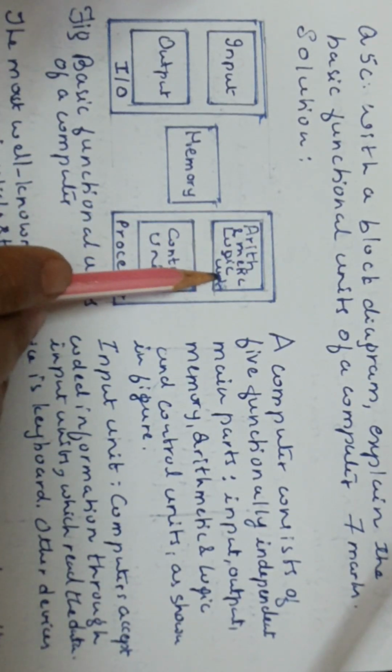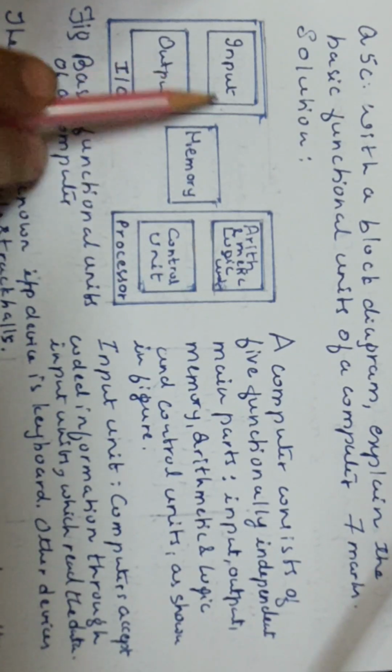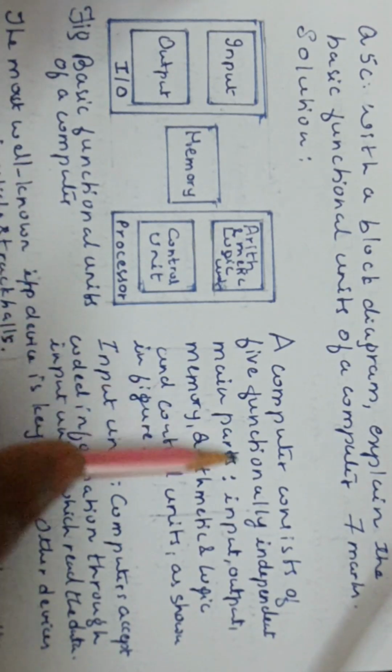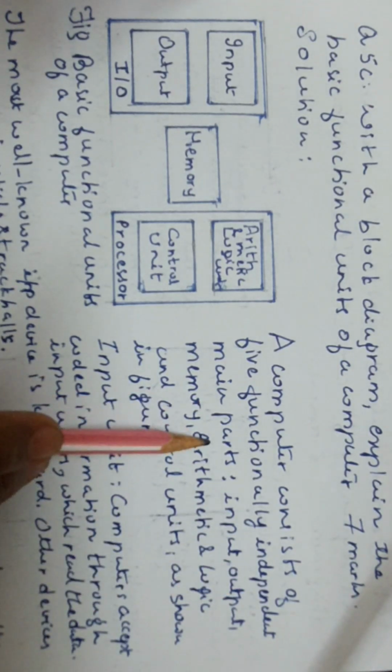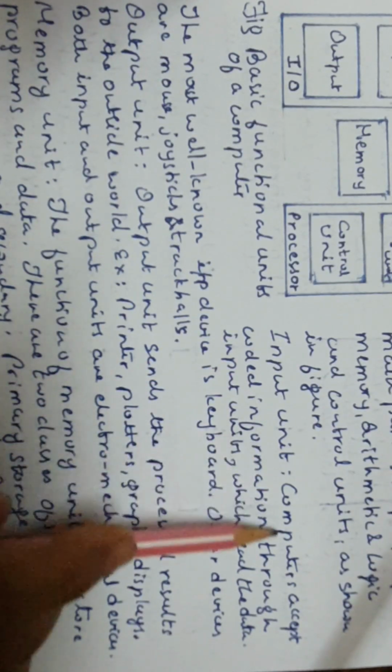In that, there are 2 units, arithmetic and logic unit and control unit. So 5 units we can see. They are the basic functional units of a computer. A computer consists of 5 functionally independent main parts: input, output, memory, arithmetic and logic, and control units, as shown in the figure.